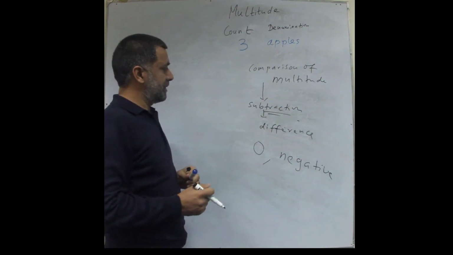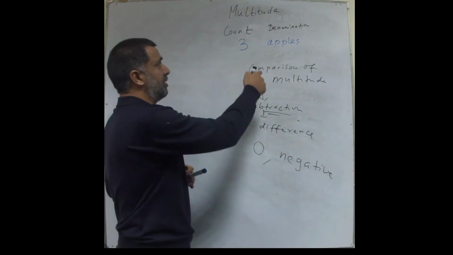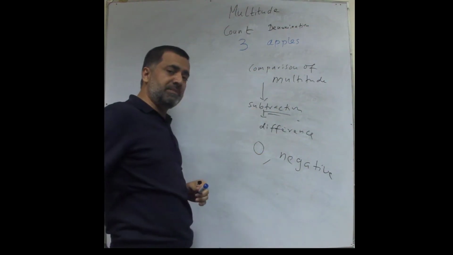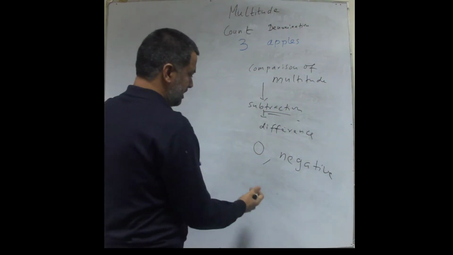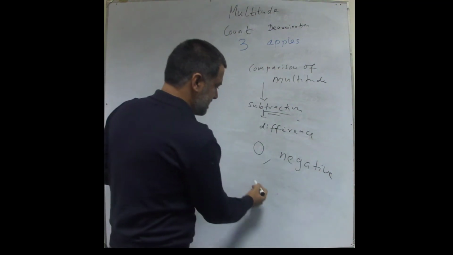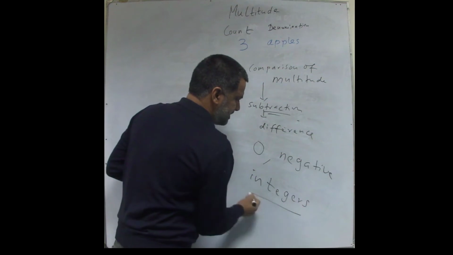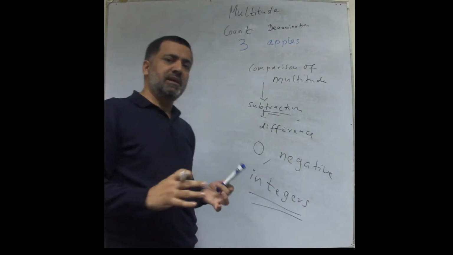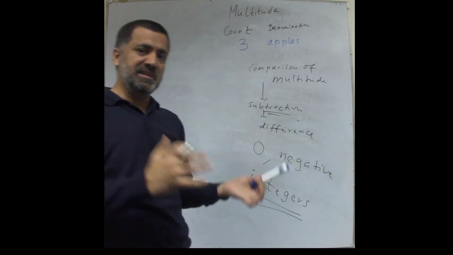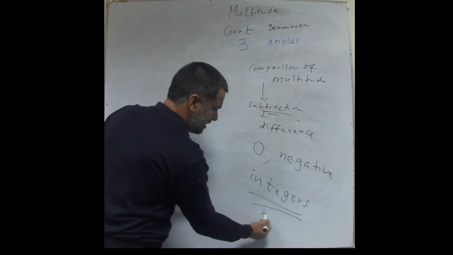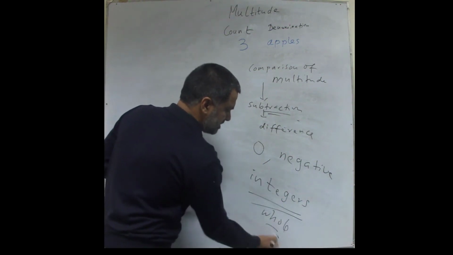And that's why we say that we not only have counts, which are positive numbers, we also have negative numbers, and that's why the set of numbers was expanded to integers. Integers have positive numbers as well as negative numbers, as well as 0. But they're still whole numbers.